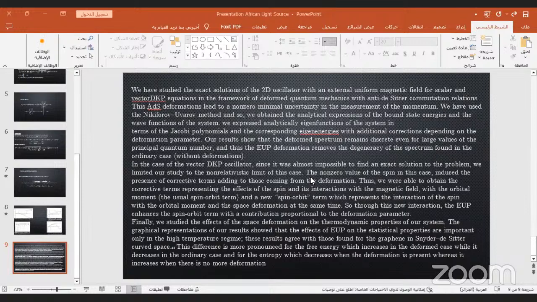Our results show that the deformed spectrum remains discrete even for a large value of the principal quantum number, which removes the degeneracy of the spectrum found in the ordinary case.